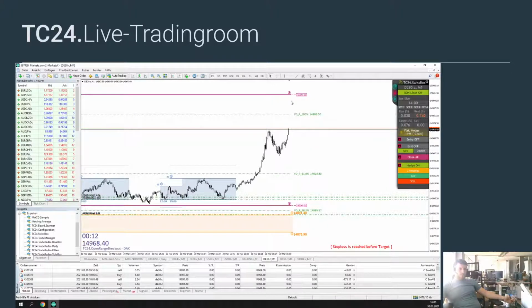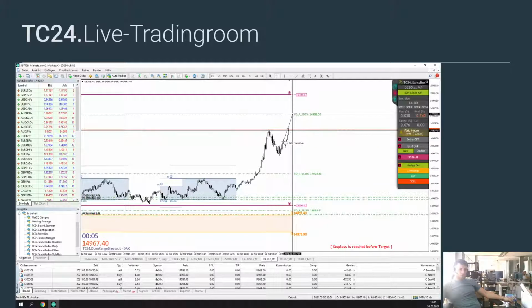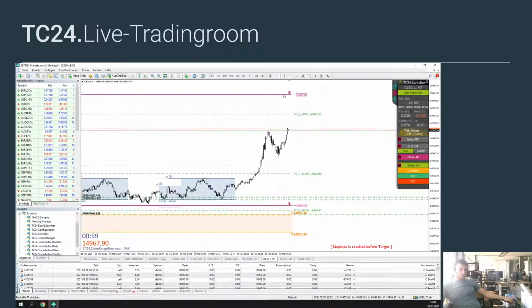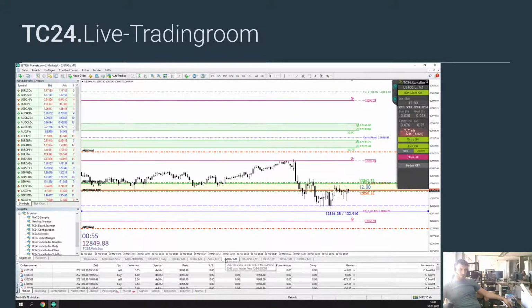Like I said, if we make it to that big number, or even this Fibonacci, so let's see if we can finally catch the movement.